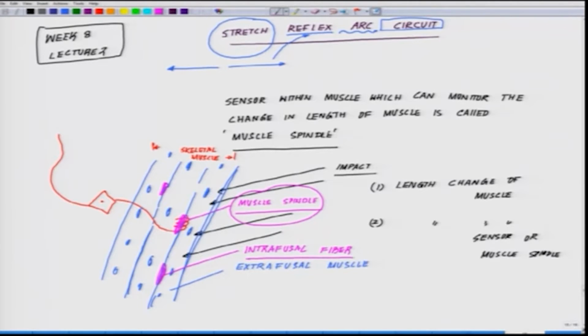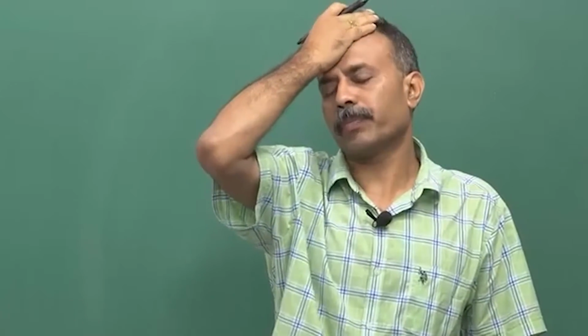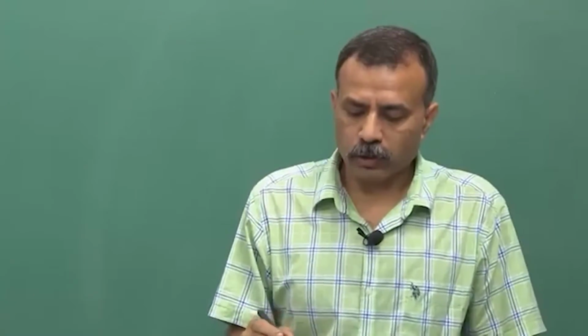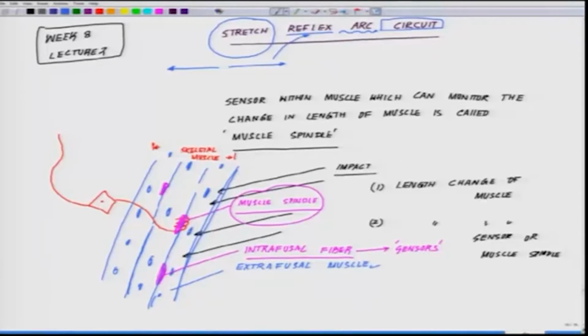Interestingly, intrafusal fibers are the ones which act as sensors. They have some very unique electrical properties unlike the extrafusal fibers. Their electrical properties are different, they behave differently. Now, coming back to where we were talking about this circuit. There are two levels at which the change in length is happening.